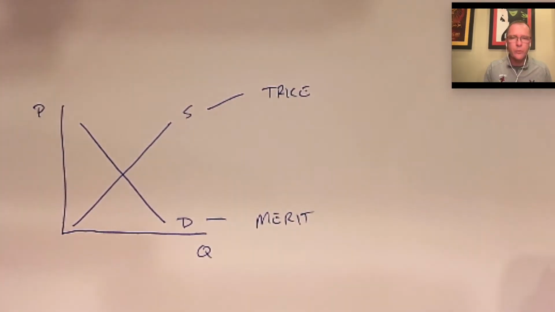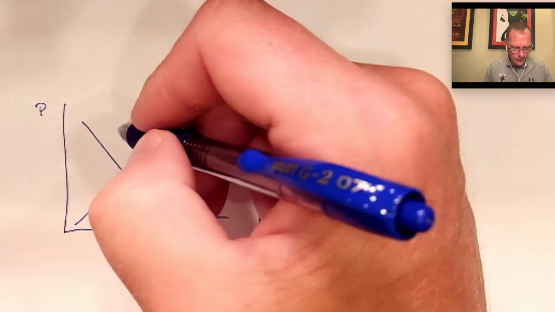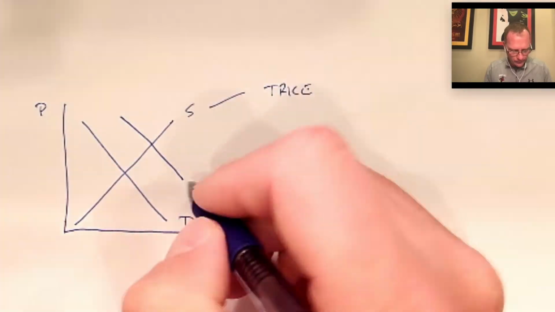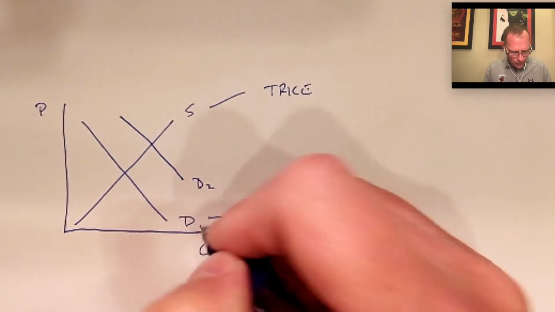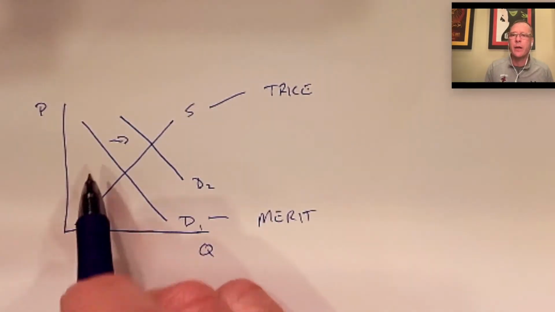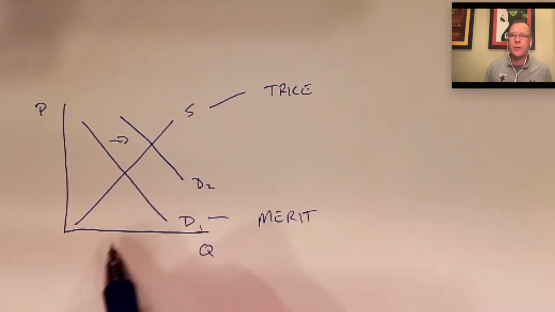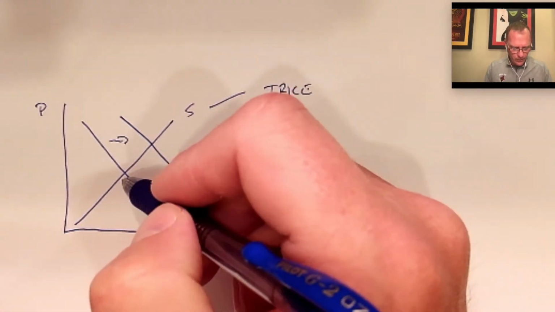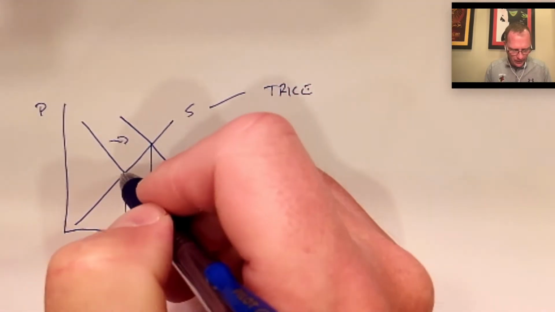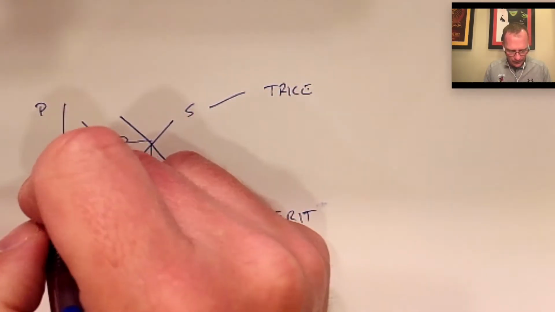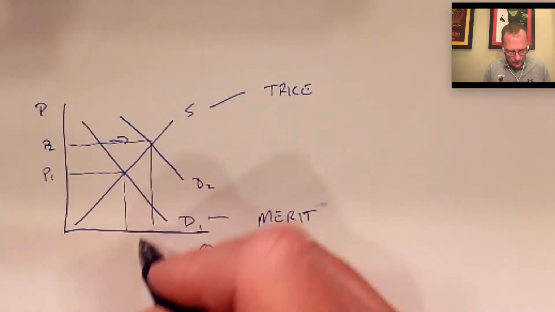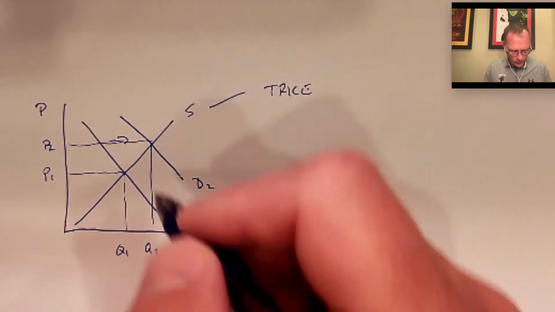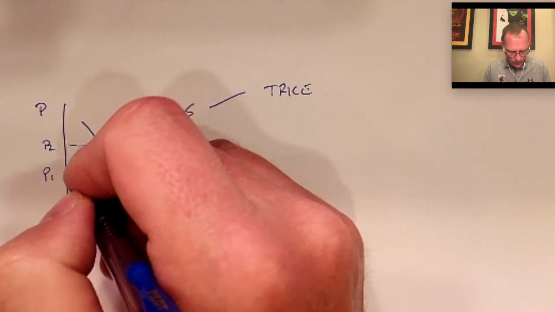Go review those. If demand shifts out to the right, make sure you're looking for an arrow going out to the right, pushing this out to the right, with all your labels good, like P1, P2, Q1, Q2. And show those things with arrows.